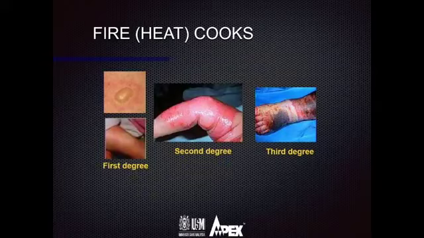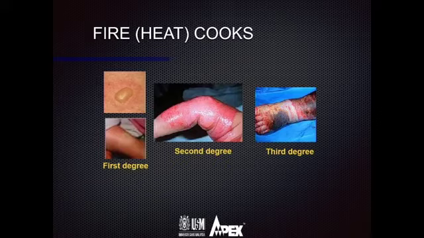Fire cooks: rare, medium rare, well done. Forgive me for displaying this photo, but it is significant for us to understand why you need to be trained in fire extinguishing.